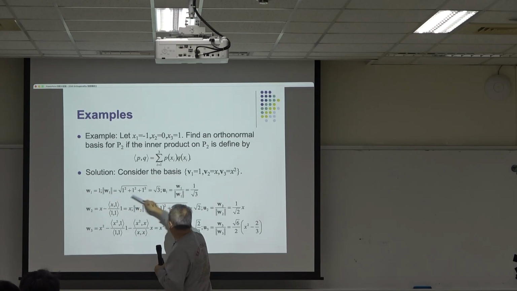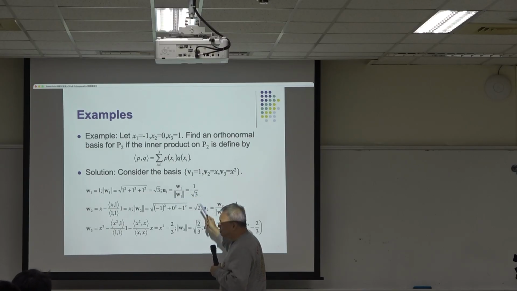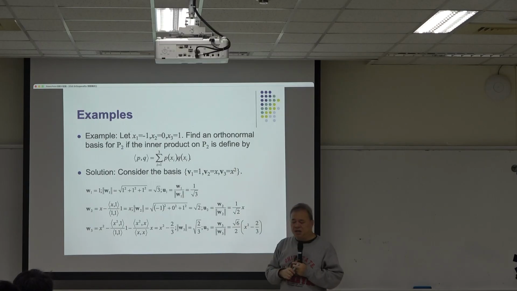So your u1 is going to be w1 divided by the norm of w1. So it's going to be this one. Okay.